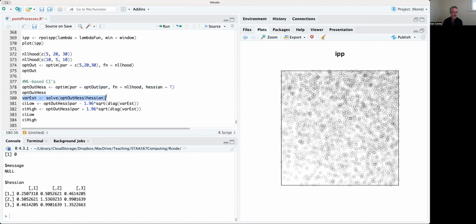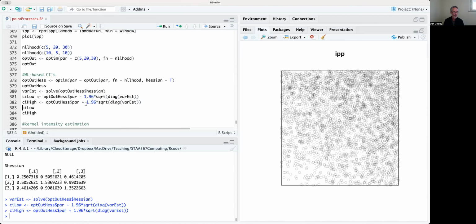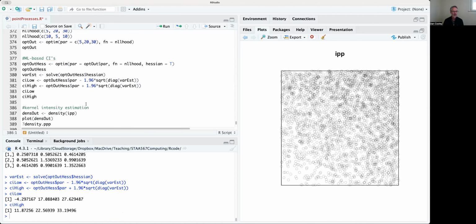So that's what I'm doing here in line 380. And then to get the standard error, take the square root, and then asymptotic theory would say use a normal. So that's why I'm multiplying by negative 1.96 and positive 1.96 to get a 95% confidence interval.